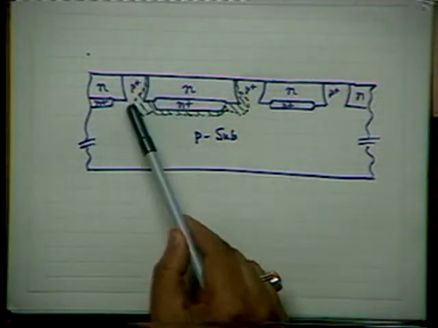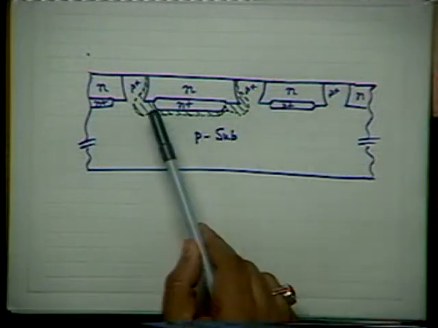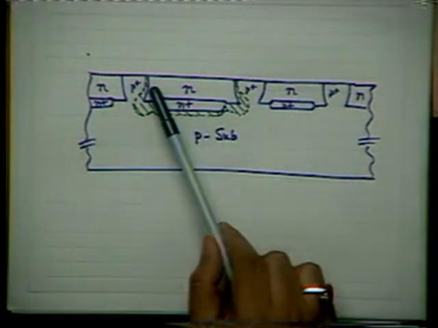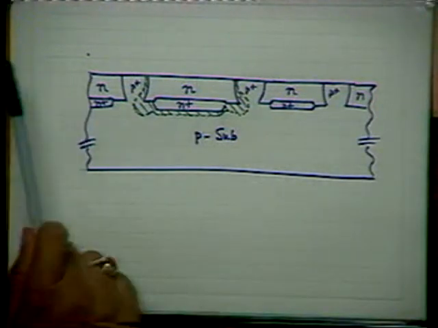This green boundary with shades indicates depletion layer widths, the depletion layer regions around an N-type island in this cross section.